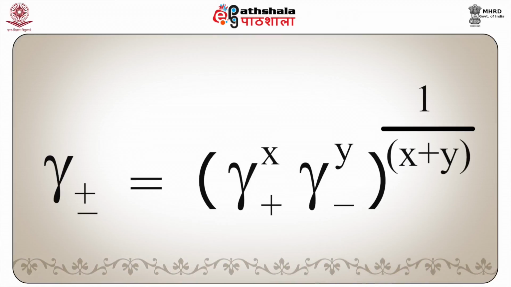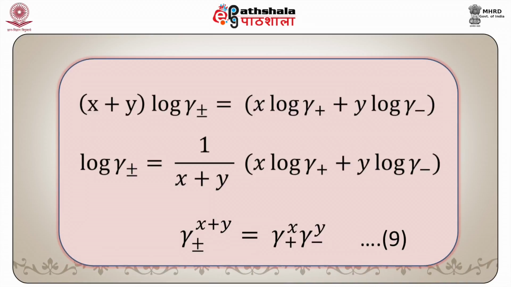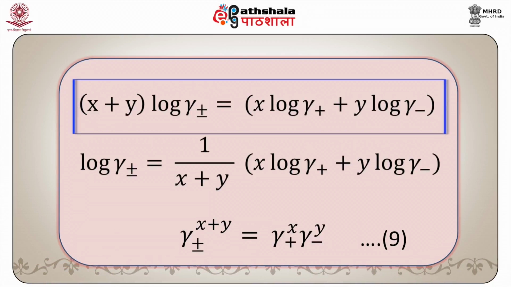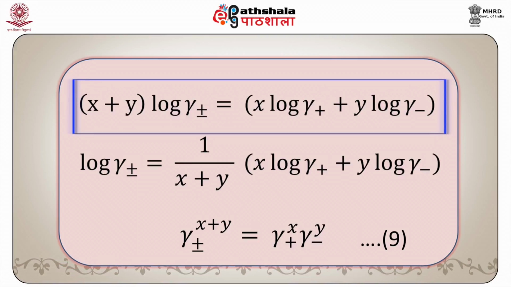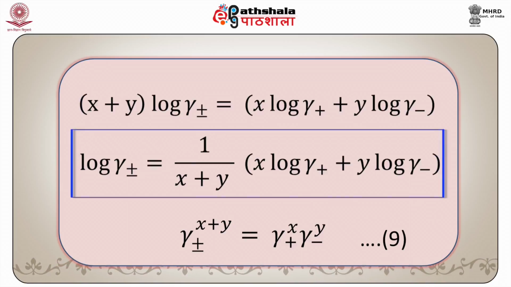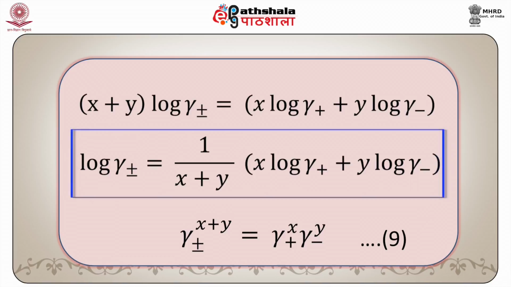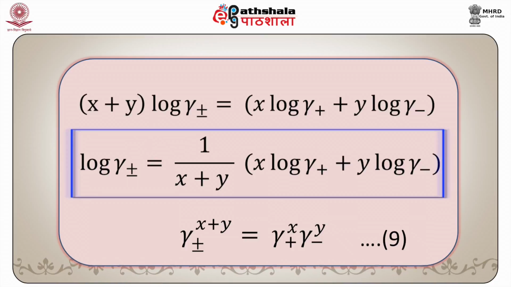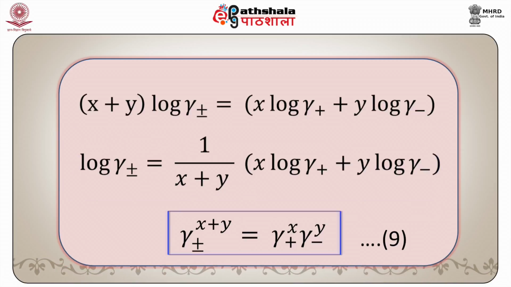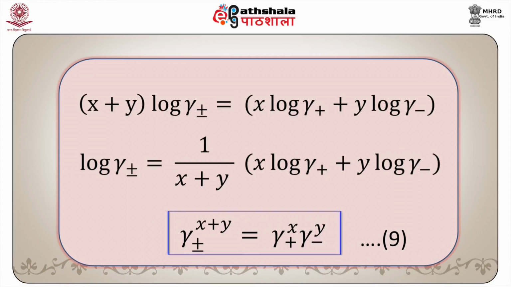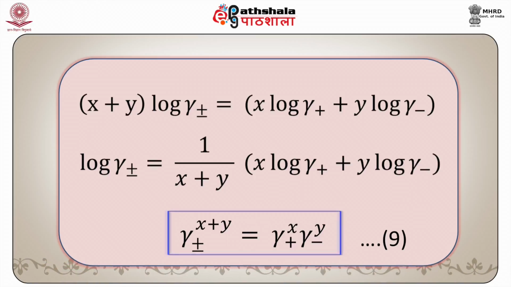Taking the logarithm on both sides of this equation, we have (x + y) log γ± = x log γ+ + y log γ-. Or this can be written as log γ± = 1/(x+y) × (x log γ+ + y log γ-). Or this can be further written as γ±^(x+y) = γ+^x × γ-^y.